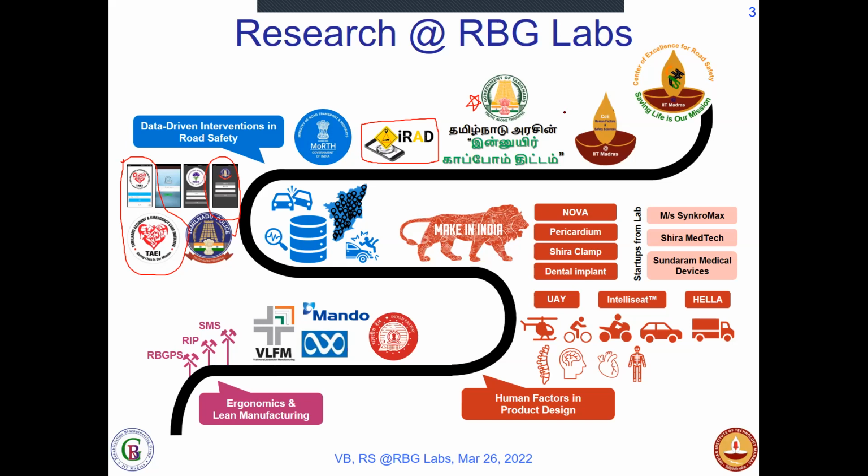It's not fundamental research, but not a very restrictive center of excellence either, a center of excellence which pretty much decides how it will drive the entire program. So there was a large grant that popped in for us as a center of excellence for road safety, which is where we are at this point of time.